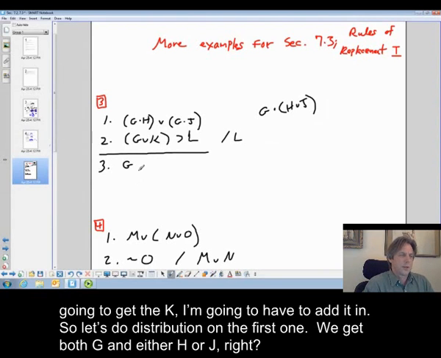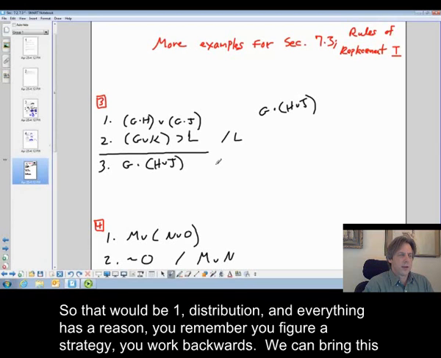We get both G and either H or J, right? So that would be 1 distribution, and everything has a reason. You remember, you figure a strategy, you work backwards.